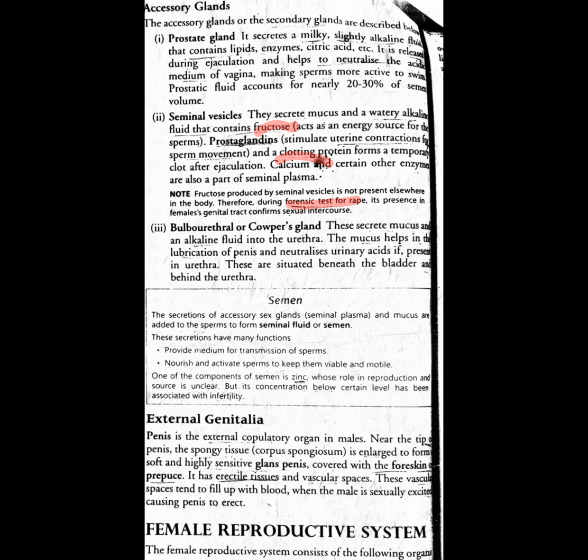So if the fluid from the vagina is going to have fructose, that means it shows definitely the female has undergone a rape or sexual intercourse. Okay, because fructose is produced only in seminal vesicle, it is found only in semen. It is not found in any other body parts.